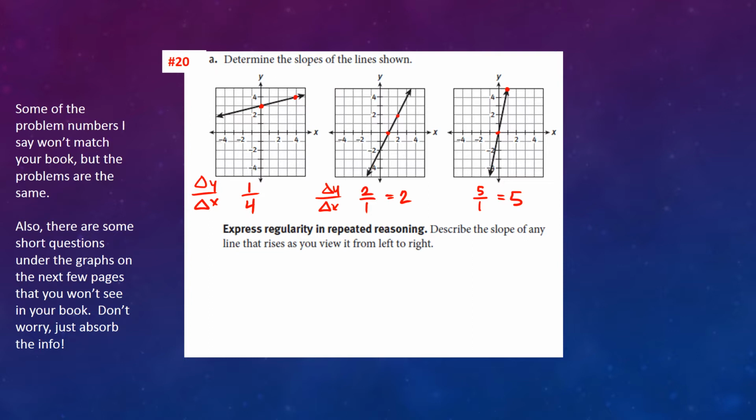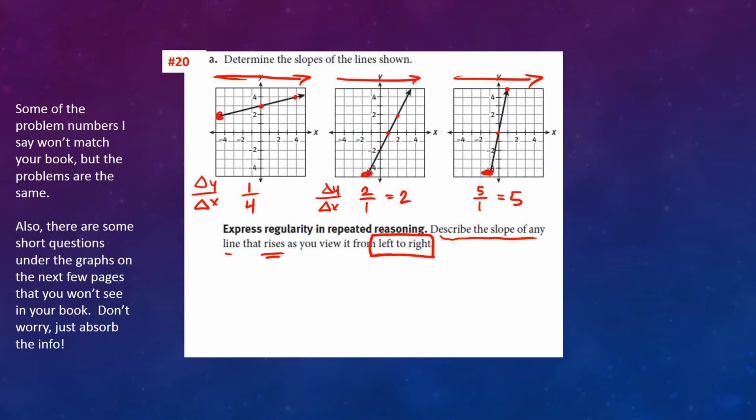So express regularity in repeated reasoning. We want to notice something from all 3 of these. It should help us to describe the slope of any line that rises as you view it from, here's the important part, left to right. We always have to think about viewing things as x increases. So as we move this direction across the graph, starting at the furthest left point, that would be this one, that would be this one, this end, that would be this end.